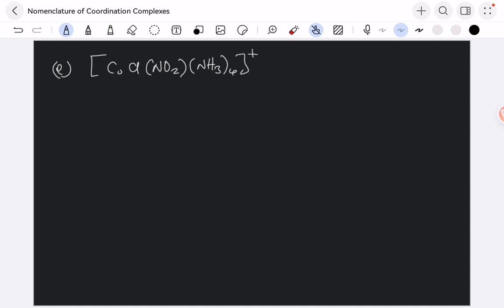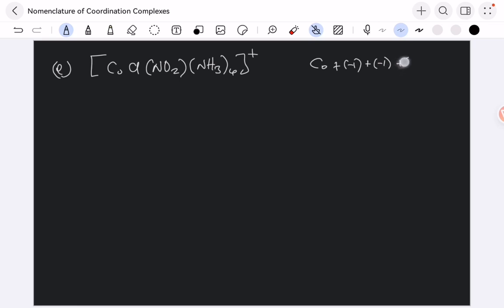So here, if we were to calculate the oxidation number for cobalt, it's going to be cobalt plus chlorine is -1 plus nitro, this is -1.